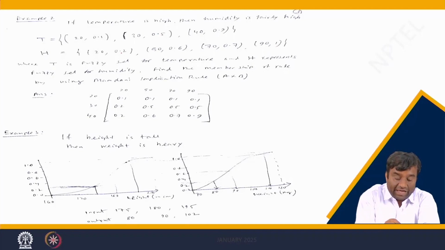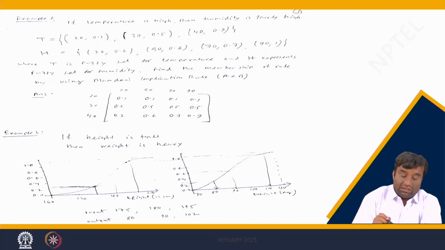Similarly 0.5 and 0.2, minimum 0.2; 0.5 and 0.6, minimum 0.5; 0.5 and 0.7, minimum 0.5; 0.5 and 1, minimum 0.5. Then 0.9 with 0.2 gives 0.2, then 0.6, 0.7, and 0.9. So this is another example.